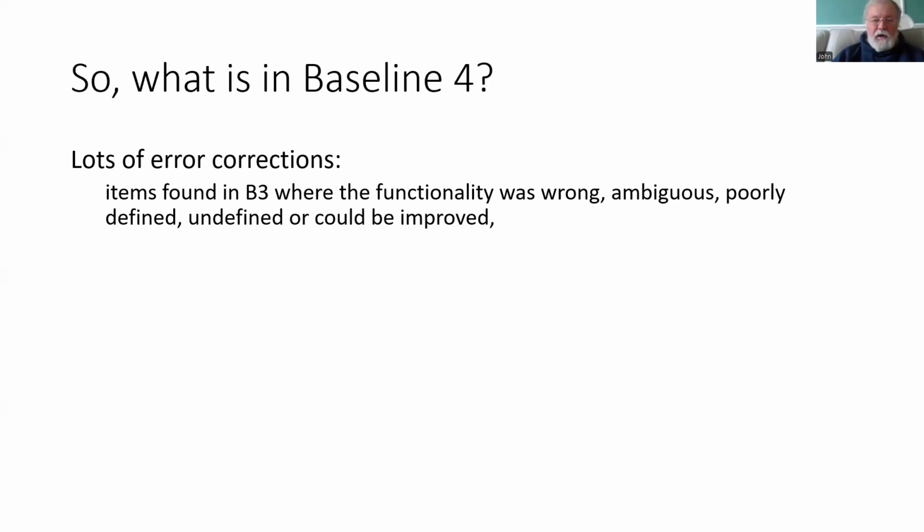Others are poorly defined, again leading to the potential of incompatibilities, undefined, it just got forgotten or missed out, or generally could be improved. And this goes around things like brake models, information about speed restrictions, the impact of confidence limits, etc., a number of areas.